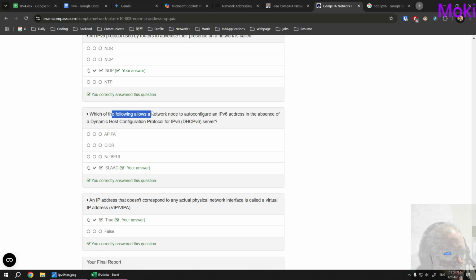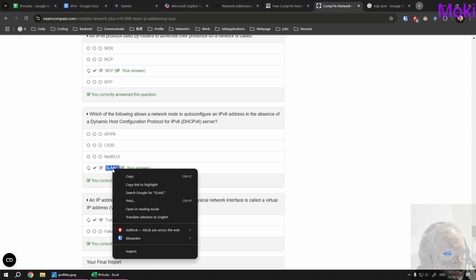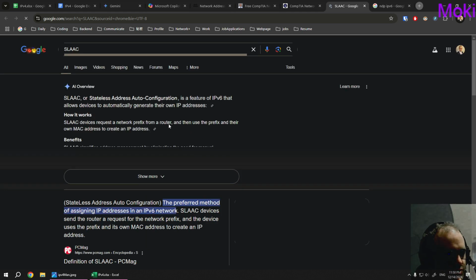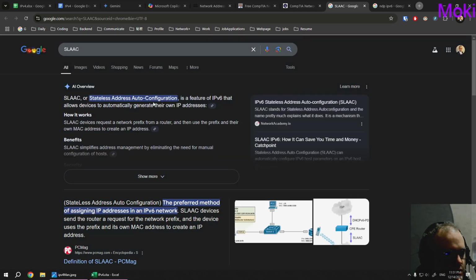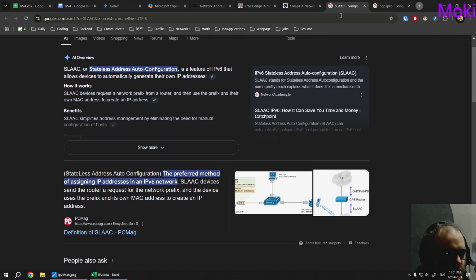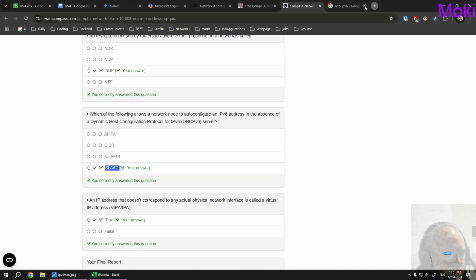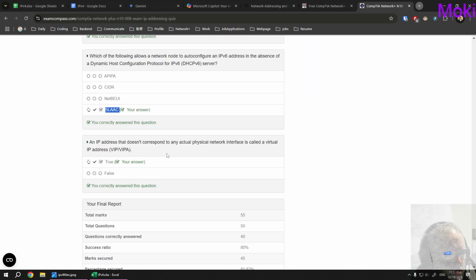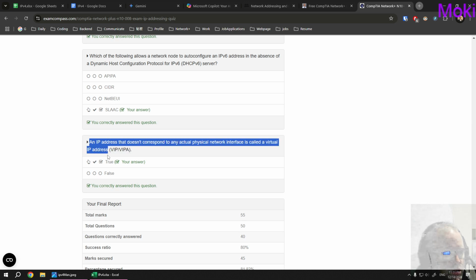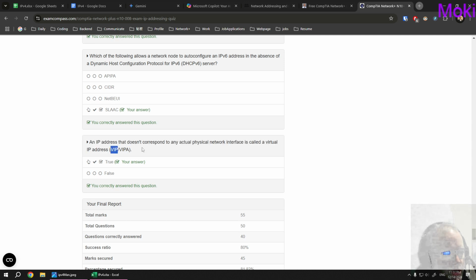Which of the following allows a network node to auto configure an IPv6 address in the absence of DHCPv6? Stateless address auto configuration. I had a conversation with AI about that earlier. That was really cool. An IP address that doesn't correspond to any actual physical network interface is called a virtual IP address, or VIPA.